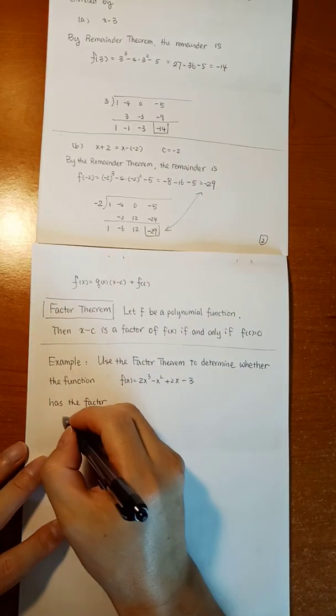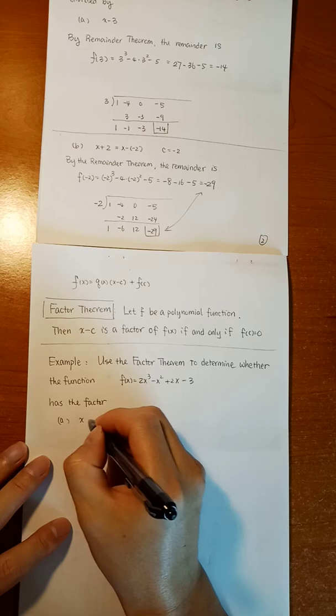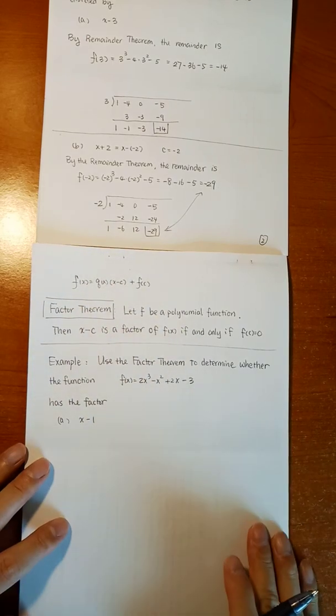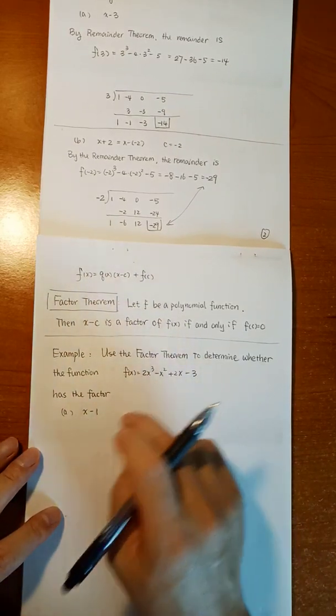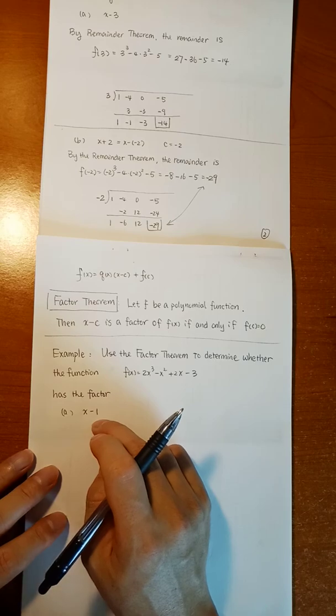Okay, part A, x minus 1. We want to determine if this polynomial function has a factor x minus 1.